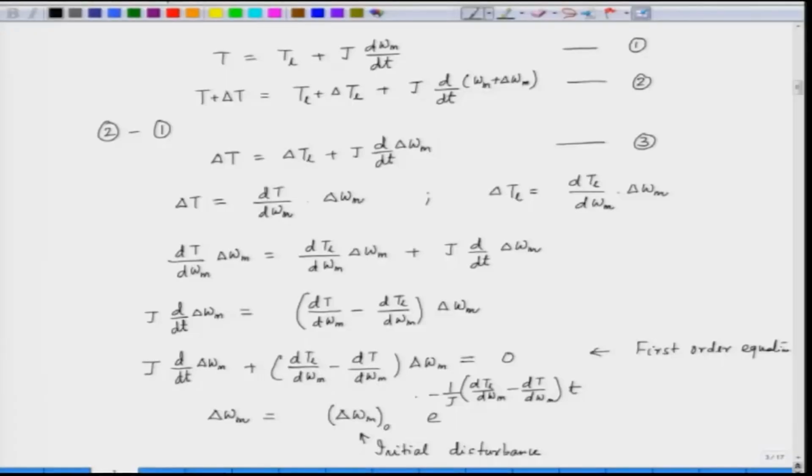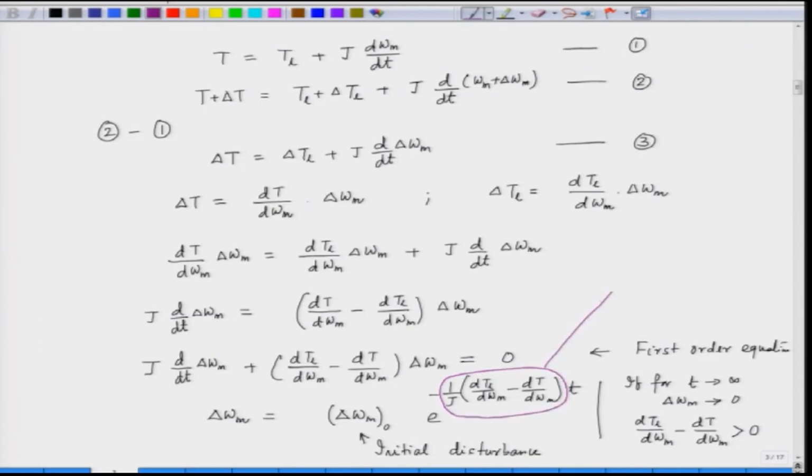For that, the coefficient here has to be positive: dTL by d omega m minus dT by d omega m should be greater than 0. This value determines the decay of the exponential.